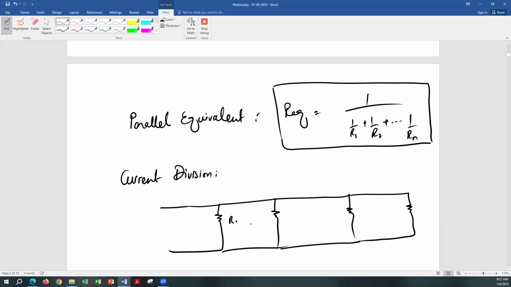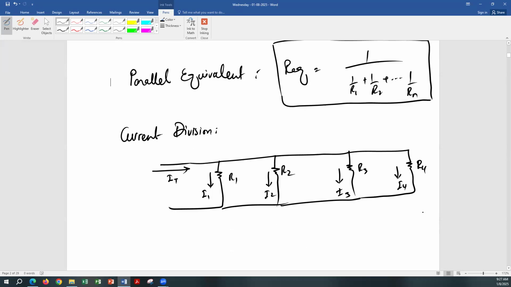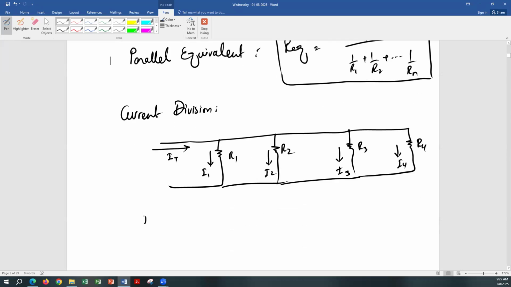I'm just going to do 4 resistors. If the total current is coming in, whatever the total current in is, and you want to find out the current through any of these resistors, then with current division, how are you going to do that? Let's say I2. What will be I2?